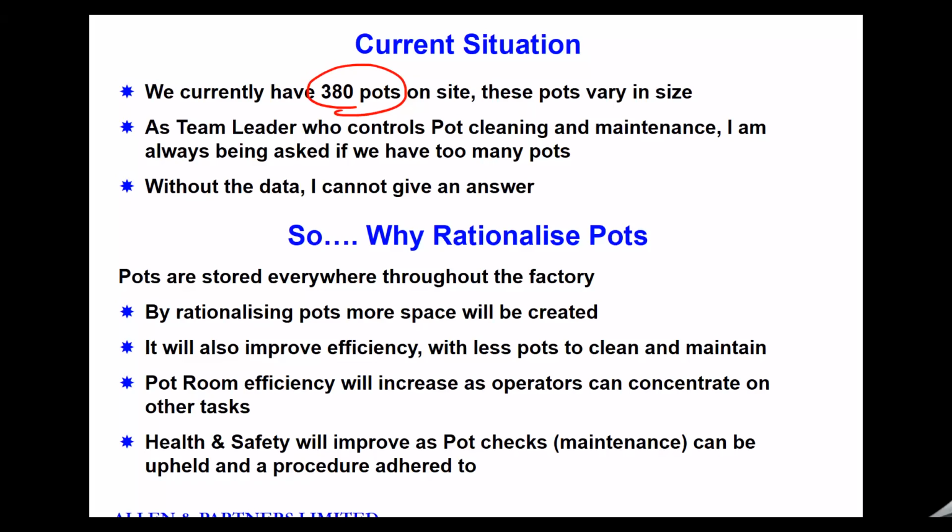So there's certain things that have to work properly in order for the mixing to take place correctly. But currently they have 380 pots. They're all spread all over the factory, as they're saying here. Look, pots are stored everywhere. They don't know where they are. When they come to clean them or maintain them, they have to go and find them. So there's lots of searching time and all sorts of things going on. So lots of lost capacity, and it's quite a difficult thing to manage and maintain.